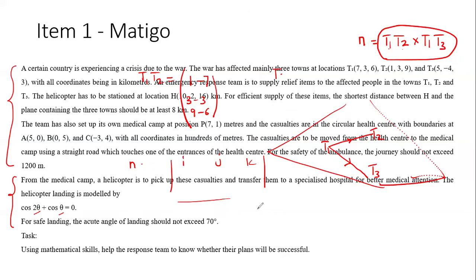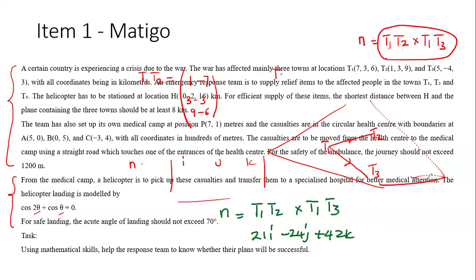Okay, you have crossed T1, T2, and then you have crossed them with T1 and T3. This is what you did. Yes. And your answer was 21i minus 24j plus 42k. Yes. But when?